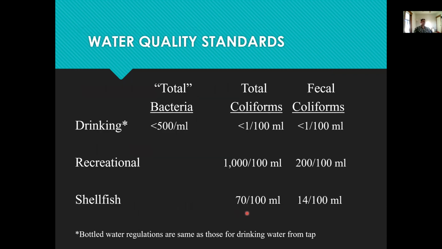Okay. So here are some examples of water quality standards regarding total bacteria, and then coliforms and fecal coliforms. And you can see, as you move up the list from drinking water to recreational, the limit does increase quite a bit. But I should mention here that these water quality standards may vary in different states. They can also vary in different countries.